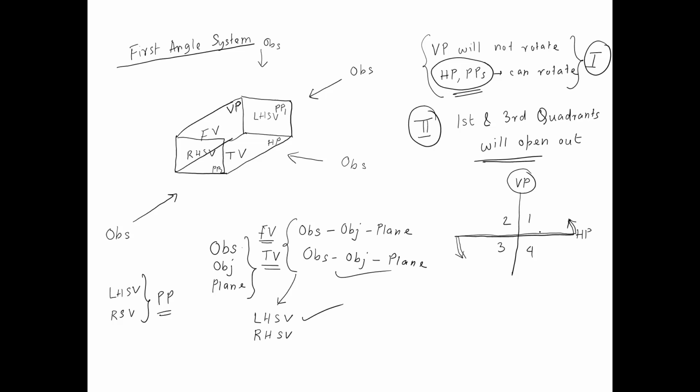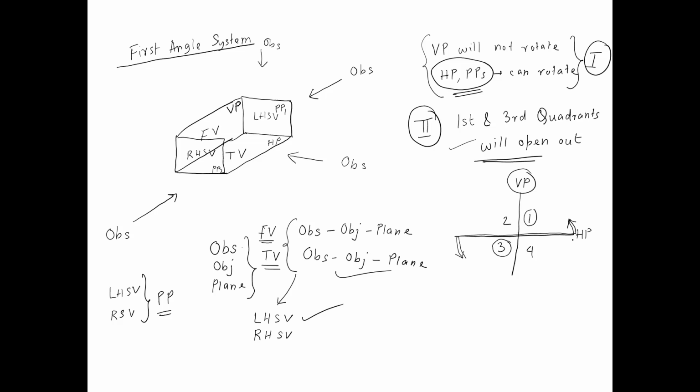If I follow this direction of rotation, as the plane rotates, the first quadrant will progressively keep getting smaller and smaller, and the same thing will happen with the third quadrant. The quadrants which will increase in size will be the second and fourth quadrants, but that is not what the rule says. The rule wants the first and third quadrants to get opened out.